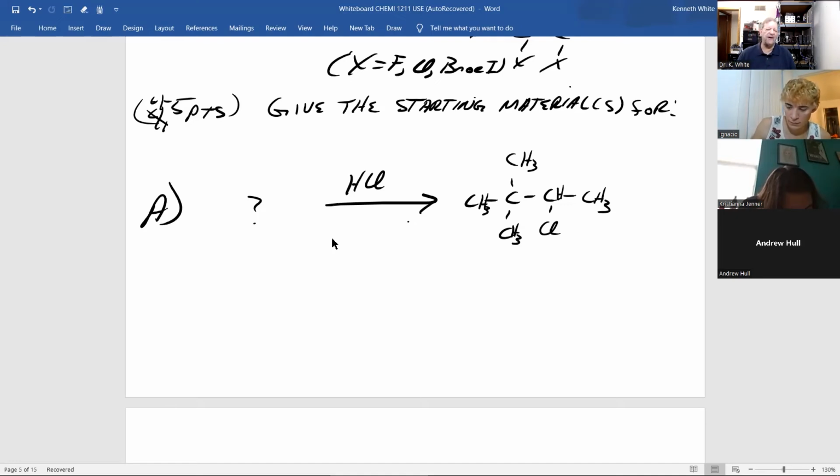And sometime you might see in the future, and probably won't be this, because there's only going to be one, give the starting material or materials for that. So what do we react with HCl, hydrochloric acid, to make this compound?